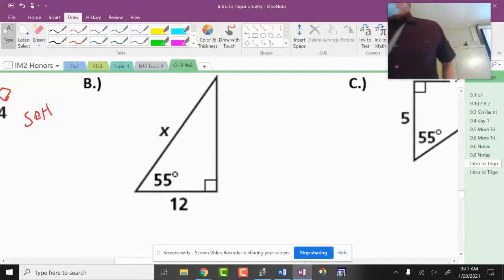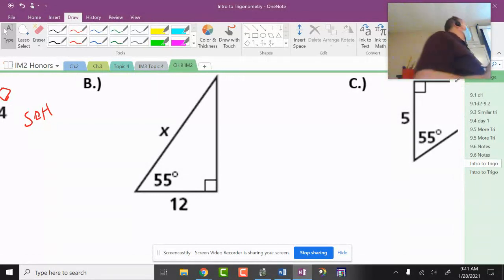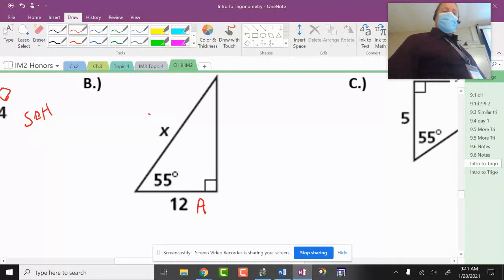All right, and then one more time, Jad. What side are you looking at? What sides do we have? Which is adjacent? Okay, which one is that?